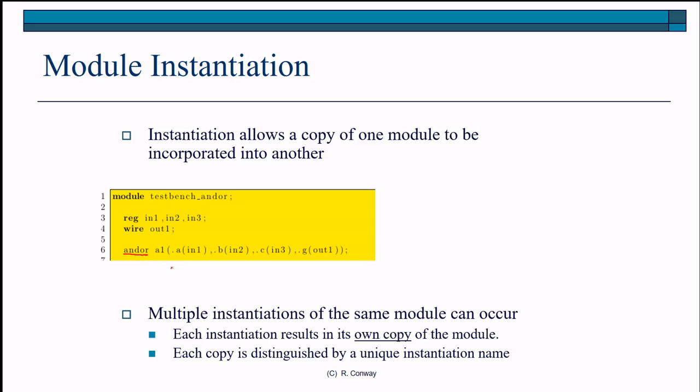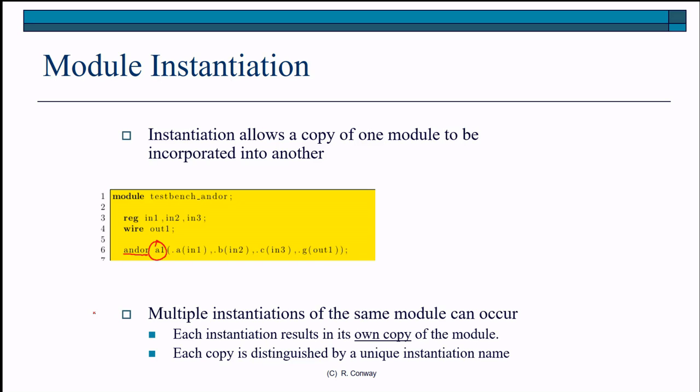Multiple instantiations of the same module can occur if needed, and again we'll see examples of this at a later stage. Each instantiated module results in its own copy being included in the module where the instantiation occurs. And each copy has its own unique name given by the instance name, which in our example is A1 for this particular instance of the module.